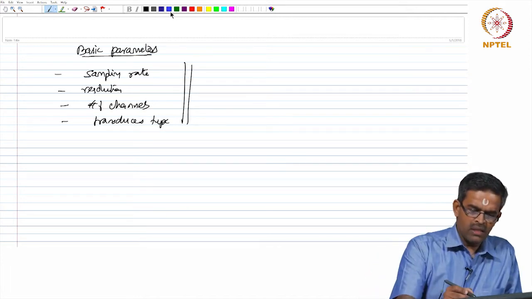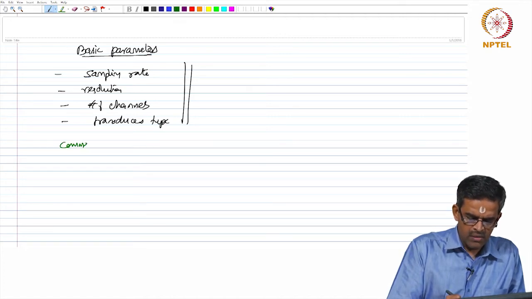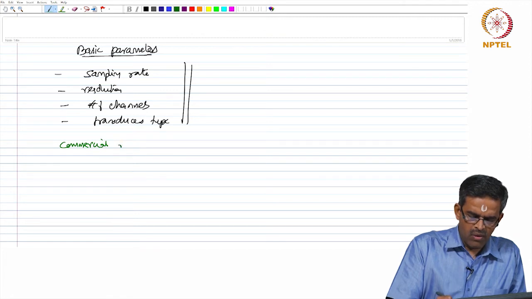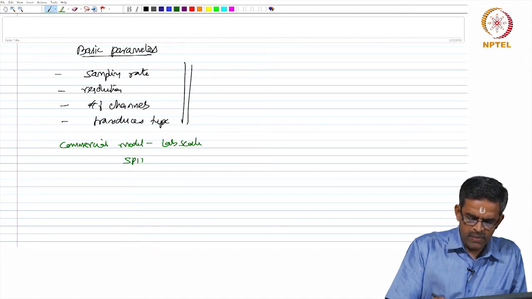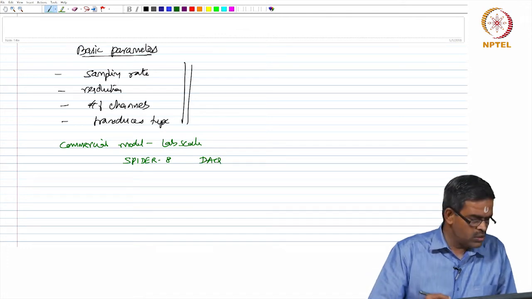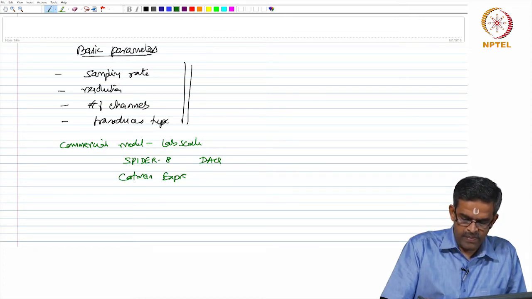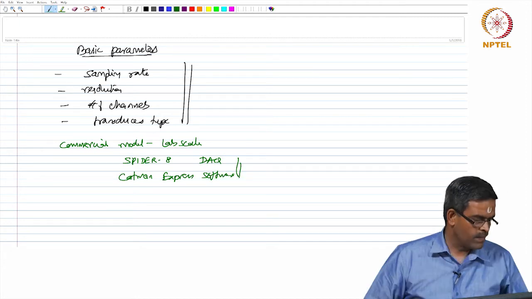Essentially, in the present design we are trying to use a commercial model available at lab scale. Spider 8 is the DAQ data acquisition system used, with the supporting software Catman Express, which is going to process the data.